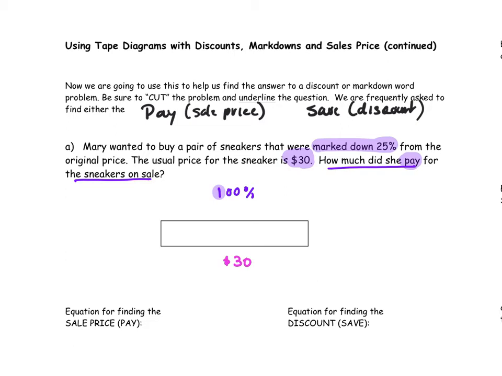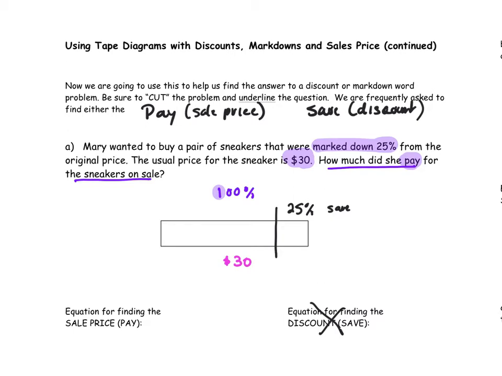The discount that they mentioned was 25%. So we're going to chop off about 1/4 of this tape diagram, and this is the save amount. But guess what? They didn't ask that. So we don't even have to do this part. We get to cross that off. We don't really want to find the discount. We just want to find the pay part.